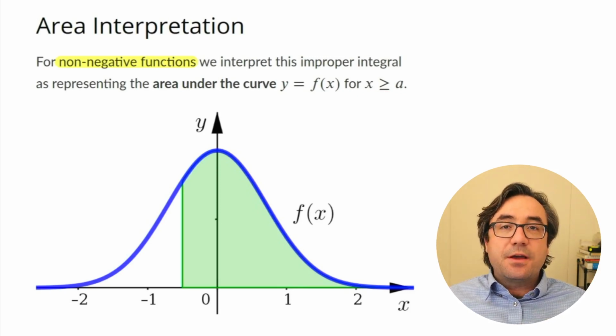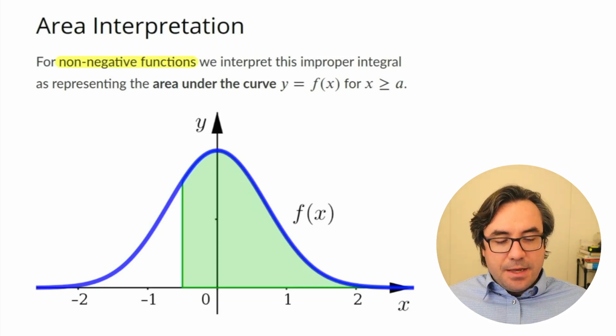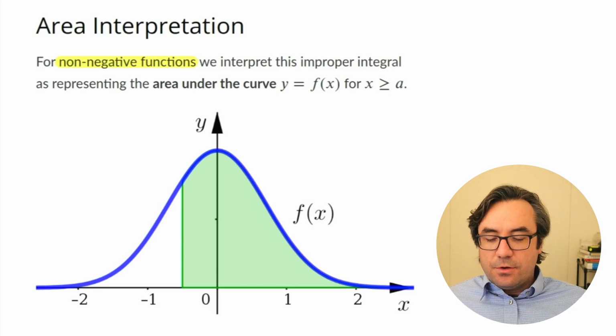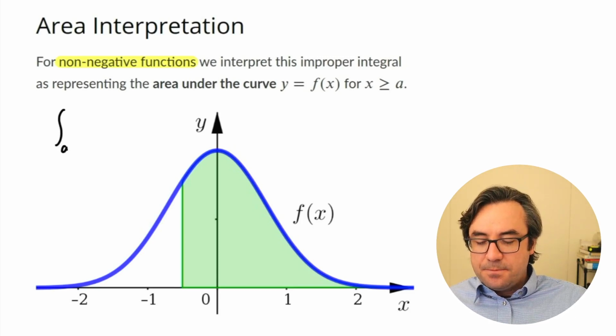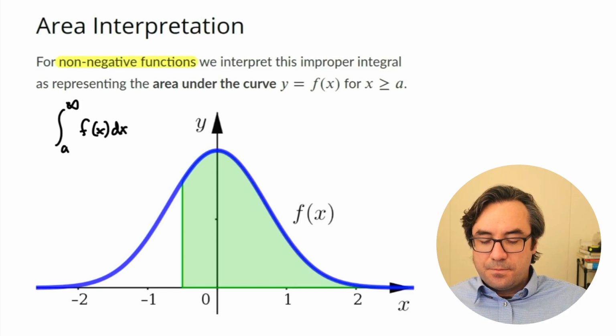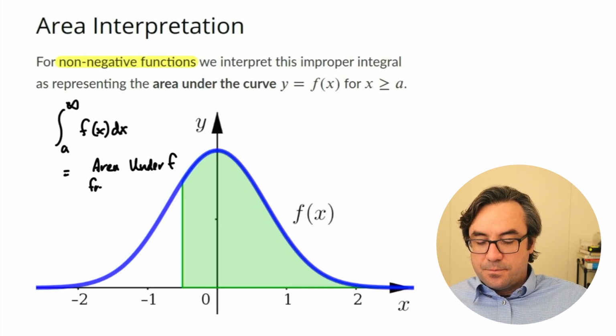And the way to think of what this improper integral does is it gives us the area under f for x greater than or equal to a.